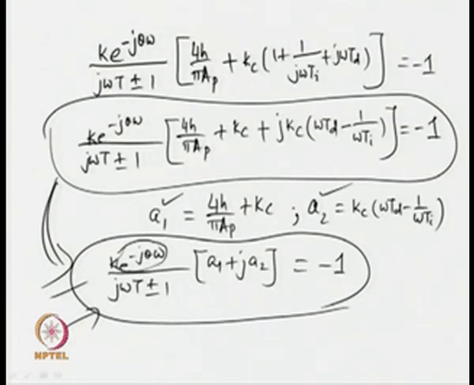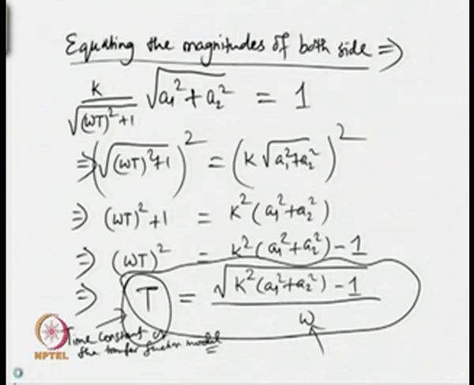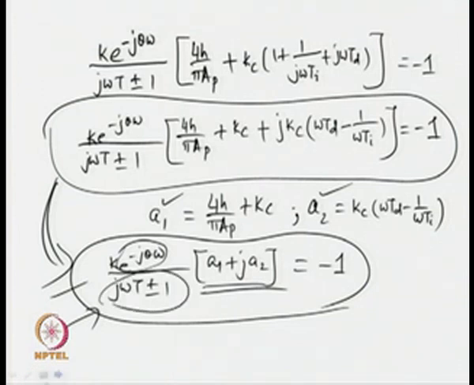The phase angle of this exponential term is minus θω, and the angle given by this will be tan inverse A2 by A1, and then we will have the angle given by this term. Okay. So, the phase angle will be plus tan inverse A2 by A1 minus, why minus? Because this term is there in the denominator. So, the phase angle will be given by minus tan inverse of ωT divided by plus minus 1. Okay. So, that will be the phase angle contributed by the pole.